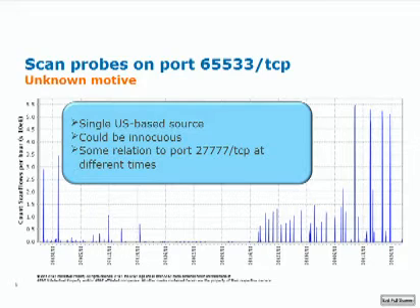I did find some relationship with scanning activity on port 27777 TCP as well. At different times, these two ports are being scanned, but the source of that scanning is the same. So there's some sort of correlation here, but again, it's not clear what the motivation is. If you have some insight into this, please let us know.